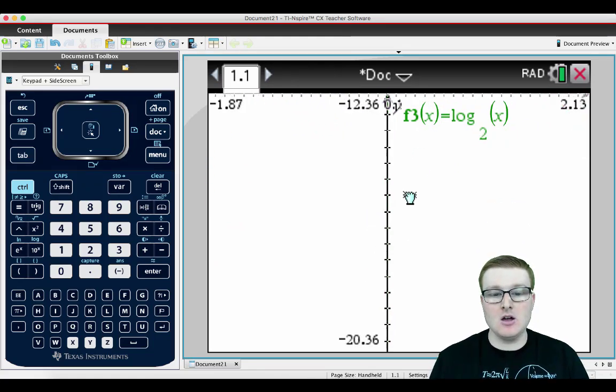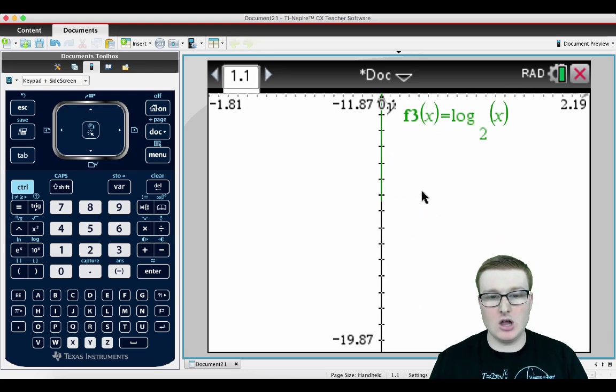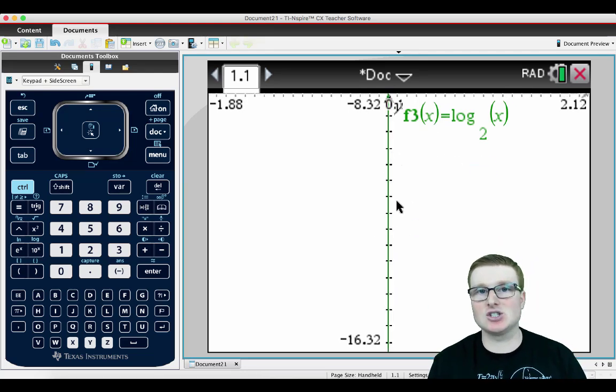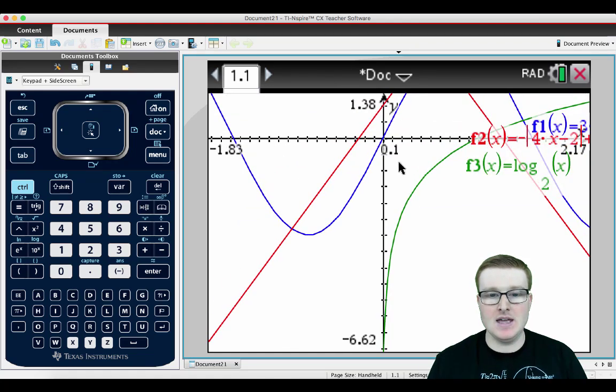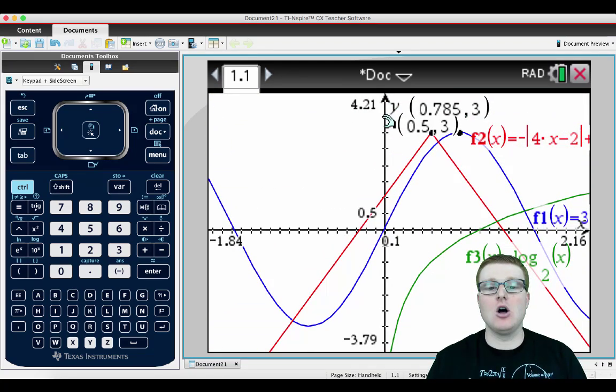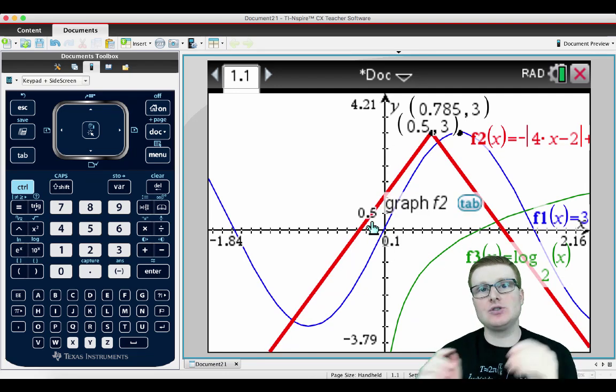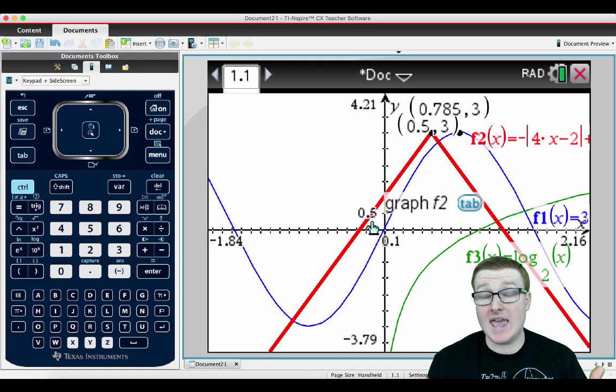You see, a log function never intersects the y-axis because there is a vertical asymptote of x equals 0 at this location. The reason why a log can't be negative, so it has to have an asymptote somewhere. So x has to be greater than 0.